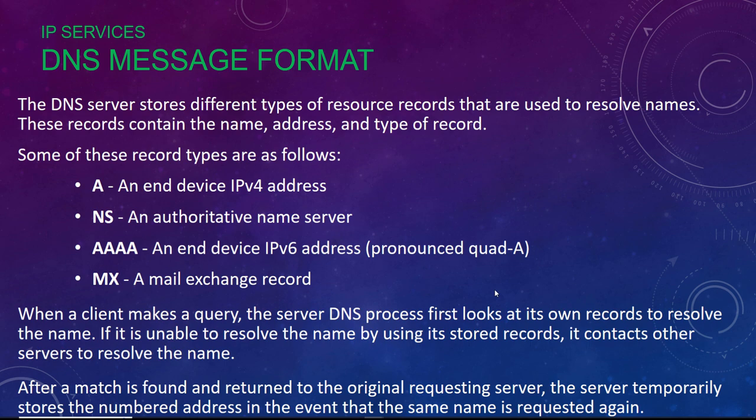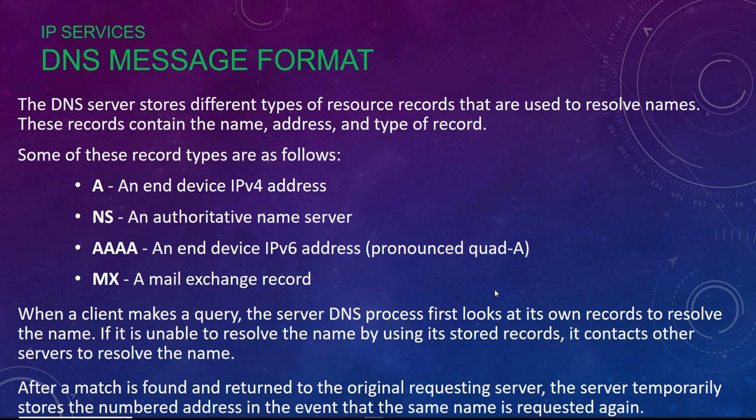So we always have a cache on our local workstations for the DNS records. Anytime we request a name resolution, as in the IP resolution from DNS, it keeps that. So next time you try to do the name resolution, instead of doing the query again, it quickly responds from the cache.